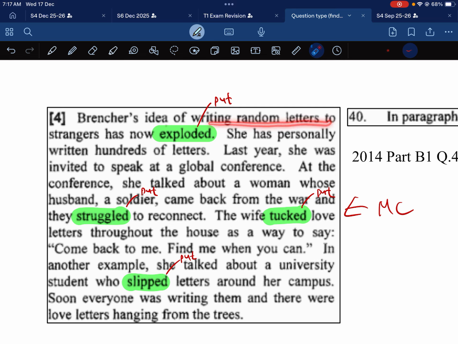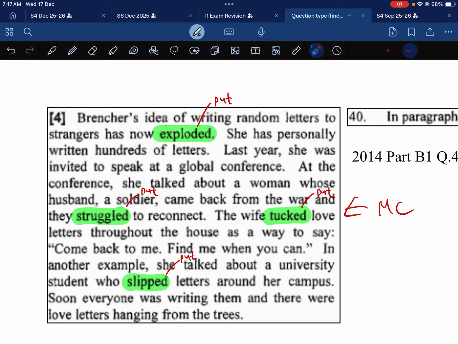Writing random letters to strangers has now put, okay, a little weird. Came back from the war and they put to reconnect, okay? The wife put love letters. Oh, okay, it seems like we can put something down or put something. Put love letters, okay, letters, we know what is letter.